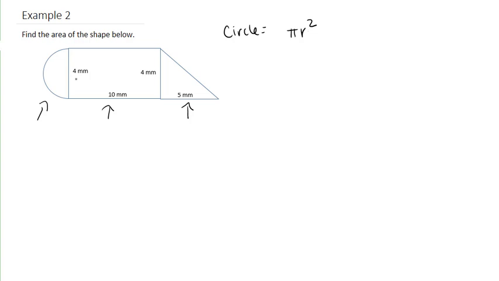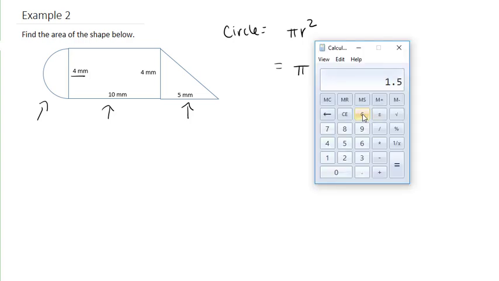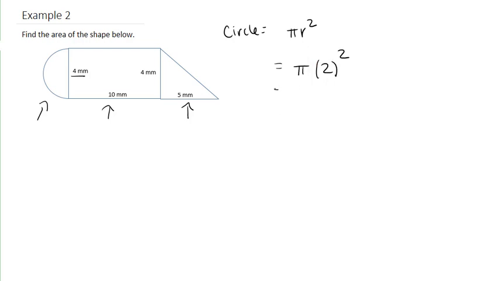So we have the diameter, so we need to just divide it by 2, which is 2. So this becomes pi 2 squared. So we can go 3.14, or we can find the pi button, either one, times 2 times 2, which is equal to 12.56.